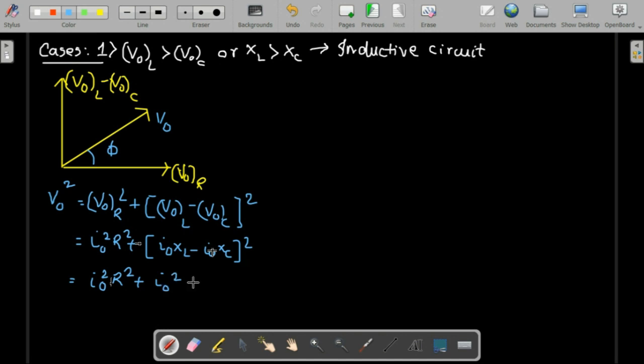This is a square, so I'll take I naught square, and this would be XL minus XC. Okay. So again we can take I naught square common within bracket. It would be R square plus XL minus XC whole square. Right. So you can take it like this, and this was V naught square.